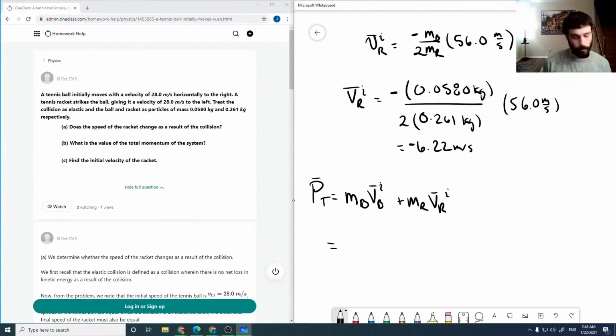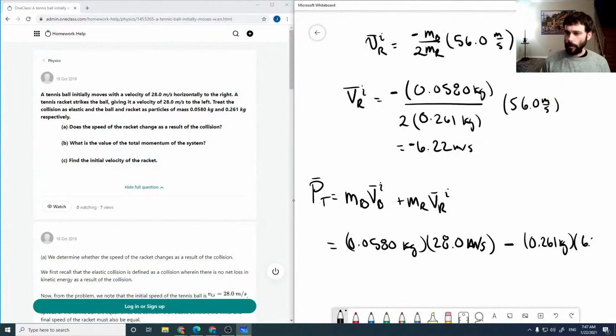And so that's 0.0580 kilograms times our velocity initial for a ball, 28.0 meters per second, minus 0.261 kilograms times our 6.22 meters per second. So I guess plus, and I'll put the minus in here where it belongs. If we work this out on our calculator, it comes to 5.8 times 10 to the minus 4 kilograms meters per second. So that's the total momentum for our system.